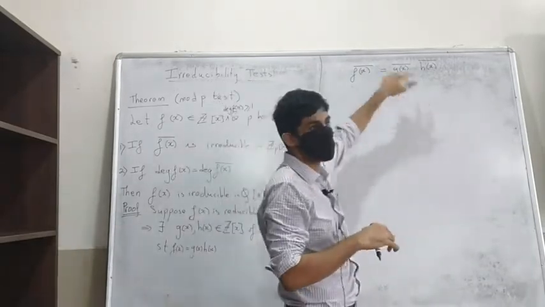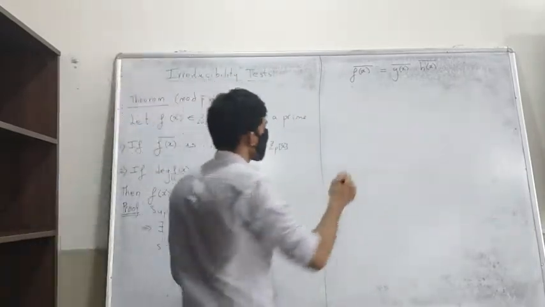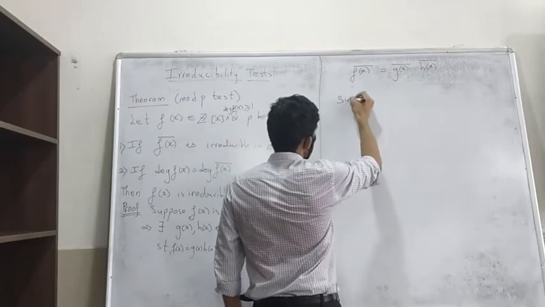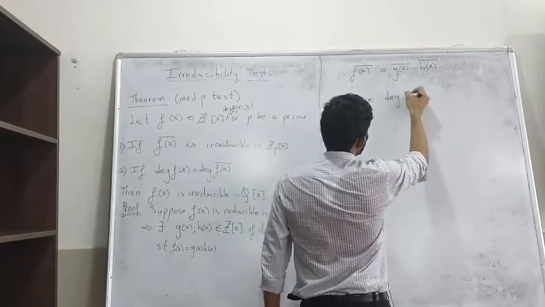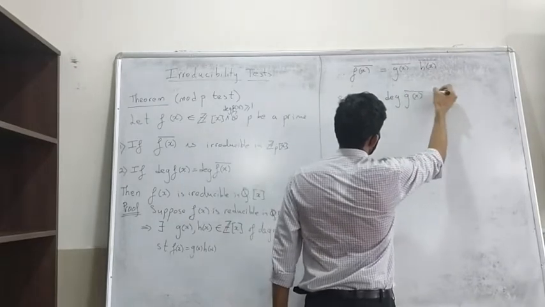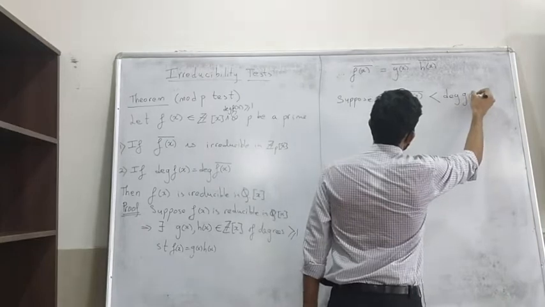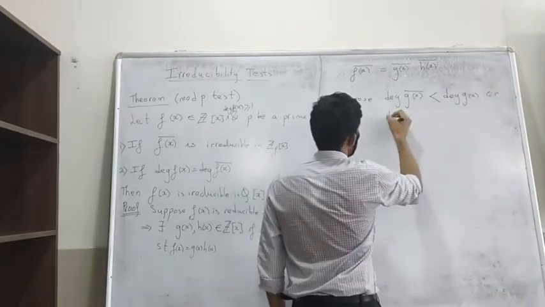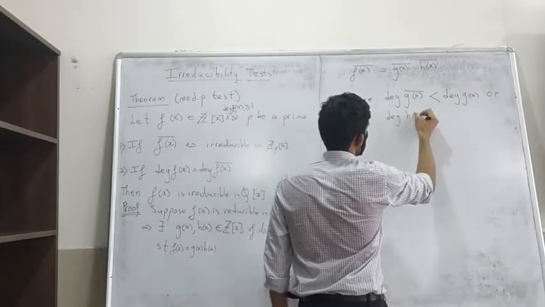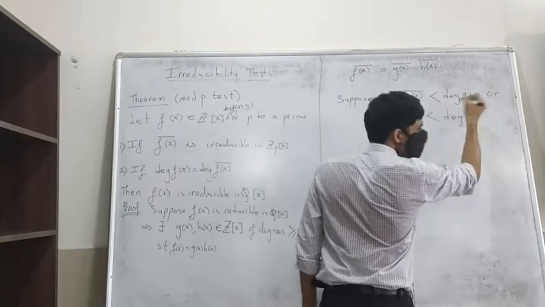Essentially saying that the degree of f is strictly less than the degree of f, which gives us a contradiction. So suppose the degree of g bar(x) was strictly less than the degree of g(x), or the degree of h bar(x) was strictly less than the degree of h(x). In either of these two cases, it doesn't matter.